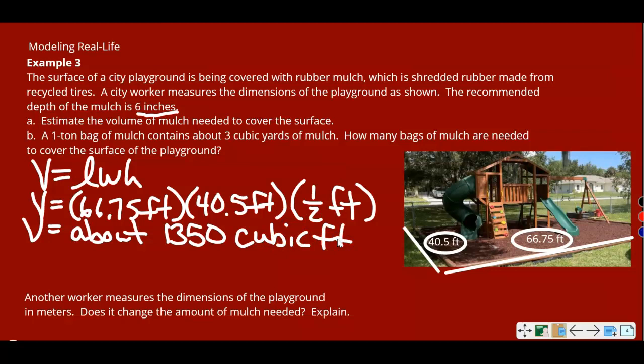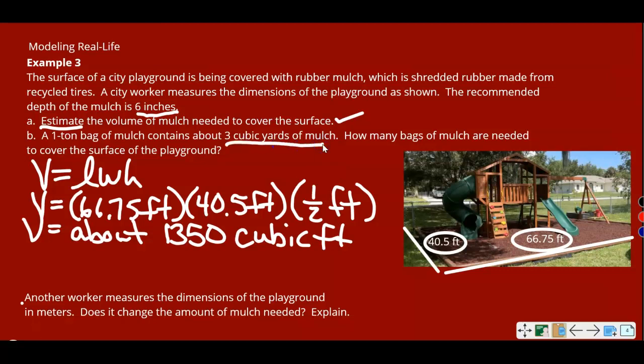Now, it says estimate the volume of mulch needed. So since we rounded that, that is about 1,350 cubic feet. That is an estimate. All right, now we're going to move on to part B. It says a 1-ton bag of mulch contains about 3 cubic yards of mulch.